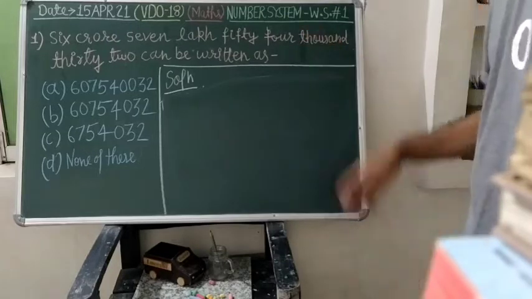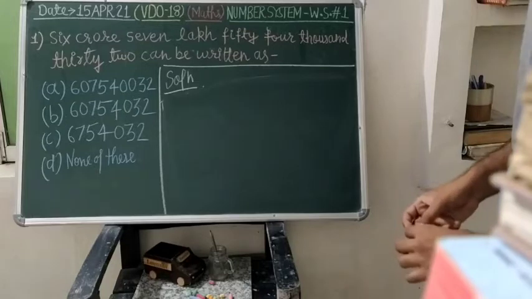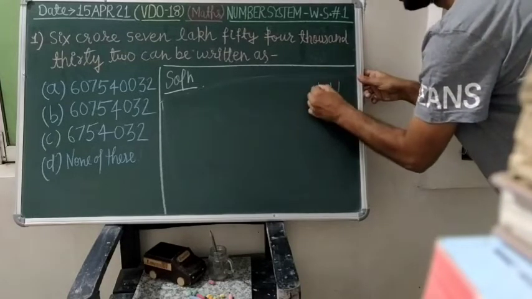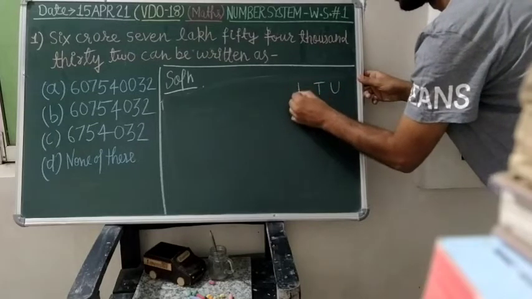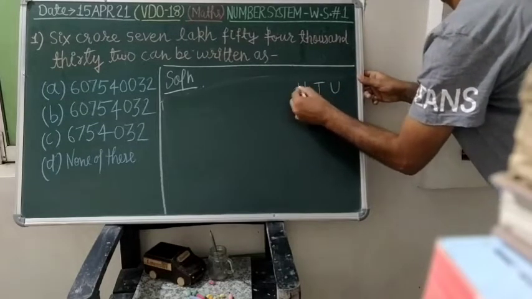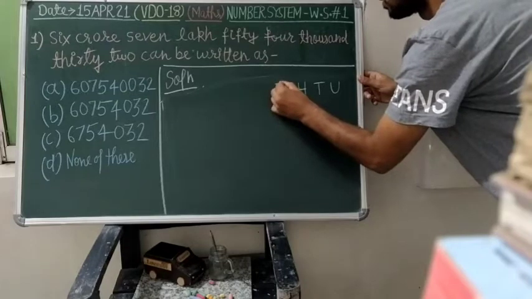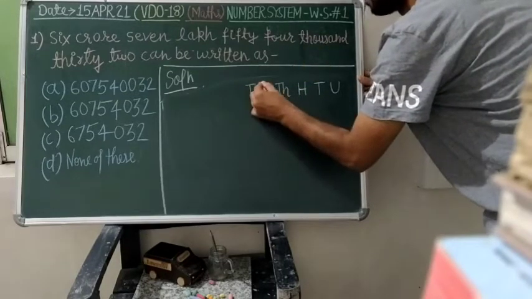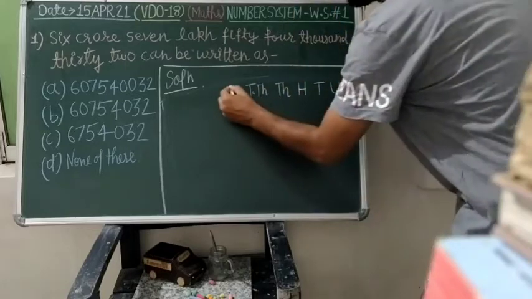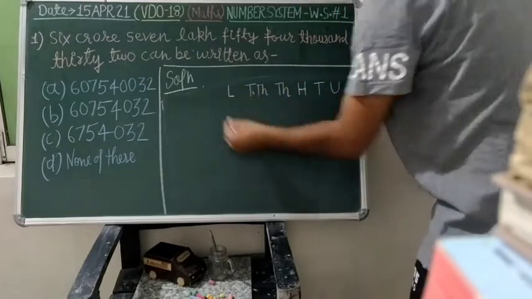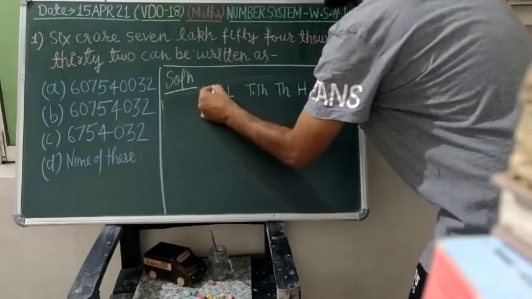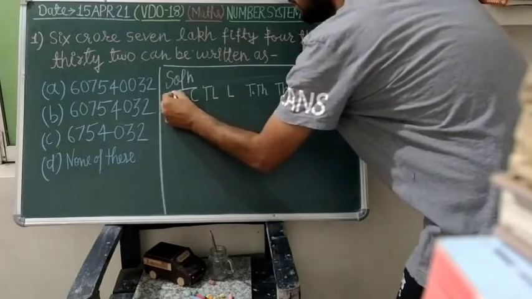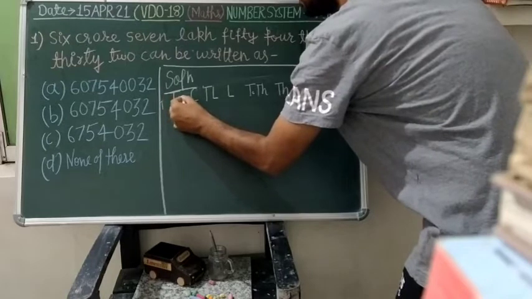Here the numbers are written in the Hindu-Arabic system: unit, 10, 100, 1000, 10,000, lakh, 10 lakh, crore and 10 crore.